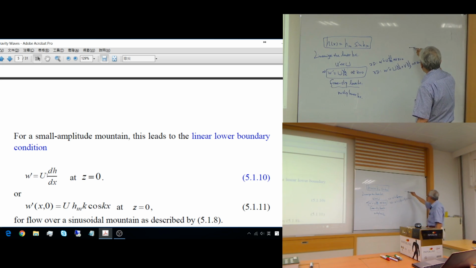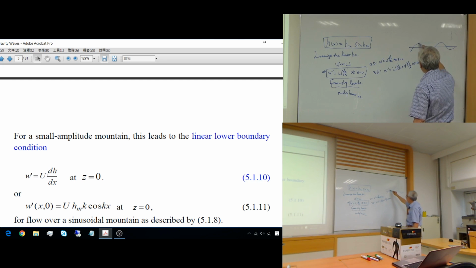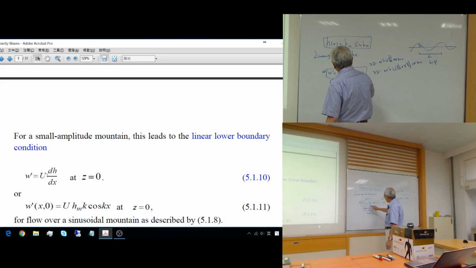So when we have a sinusoidal mountain, this is h_m, and this is L, and then k is equal to 2 pi divided by L. Okay, like that. So now we have h and we have this.